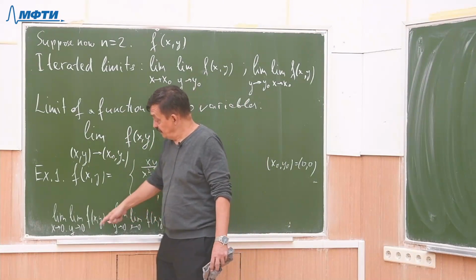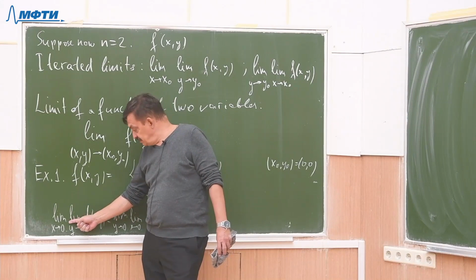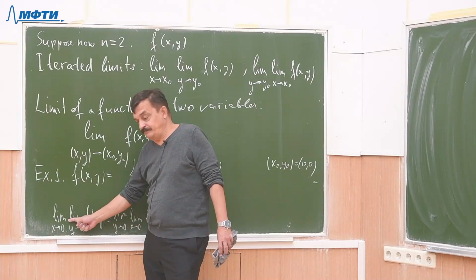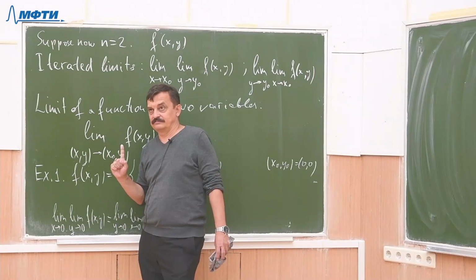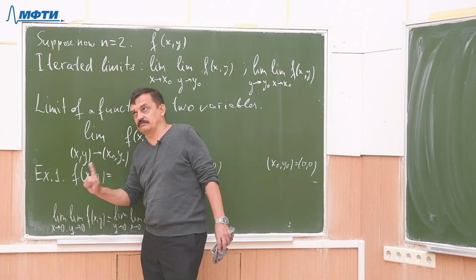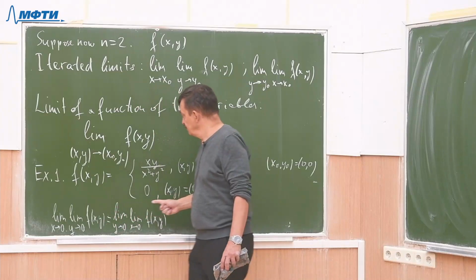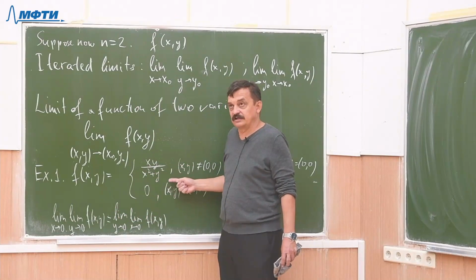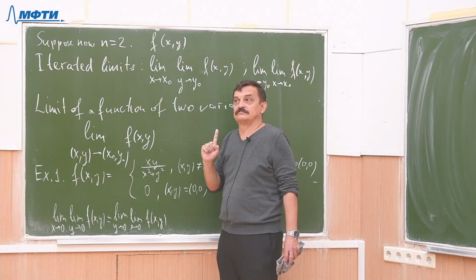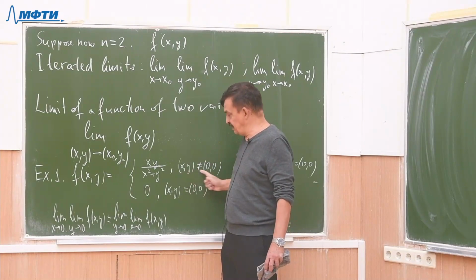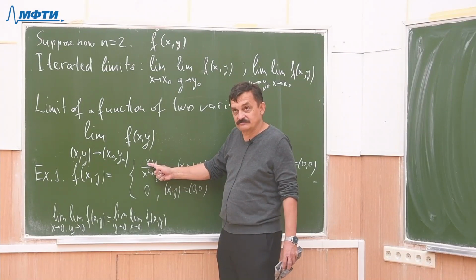So it means that when we compute this limit we should suppose that x is not equal to 0. Look, what happens with this then? We look at the function. We suppose x is not 0.